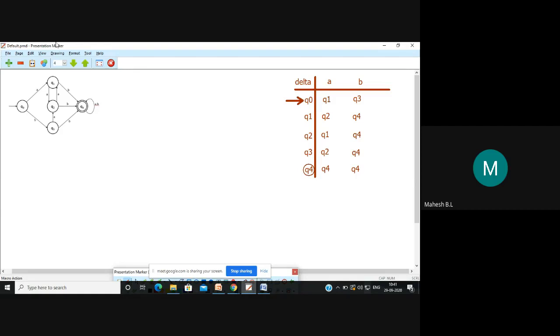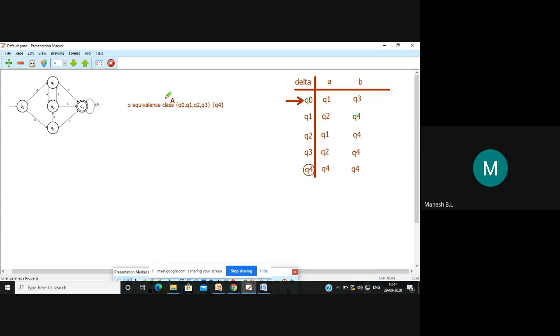So the first step is the zero equivalence class. In the zero equivalence class, you have the rejecting states together and the accepting states together. So Q0, Q1, Q2, Q3 are together, and Q4 is separate.